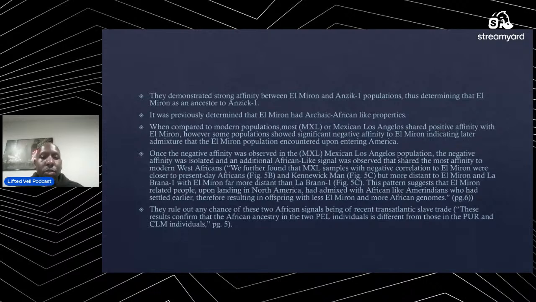The study said, quote, "We further found that the MXL samples with negative correlation to El Moran were closer to present-day Africans in Kennewick man, but more distant to El Moran and Lebrana 1, with El Moran far more distant than Lebrana 1. This pattern suggests El Moran related people upon landing in North America had admixed with African-like Amerindians who had settled earlier, therefore resulting in offspring with less El Moran and more African genomes."